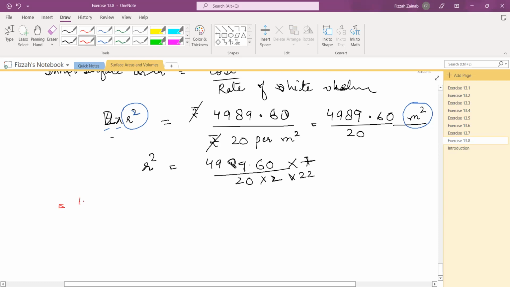So this is going to become 4989. I'm removing the decimal and I'm putting 100 here. And then I have 7 into 20 into 2 into 22.